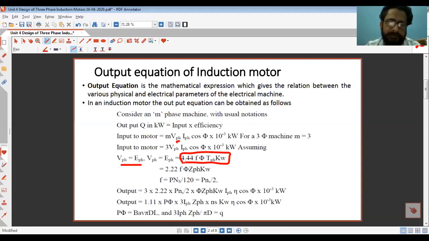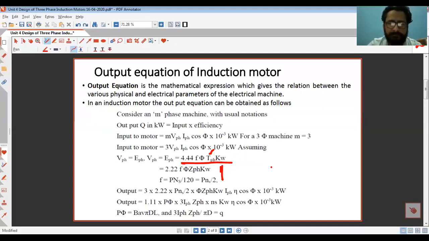So that is why the induced EMF on the conductors is given by 4.44 F phi TPH, the number of turns of the winding, into kW. Here kW is the winding factor basically, right? This is similar to the transformer equation, right?